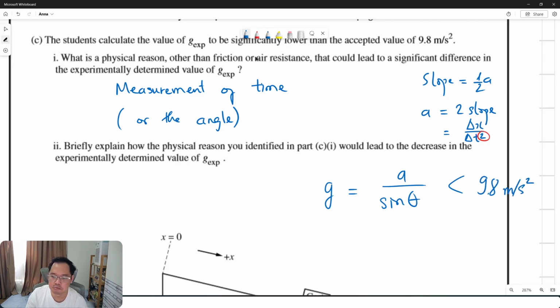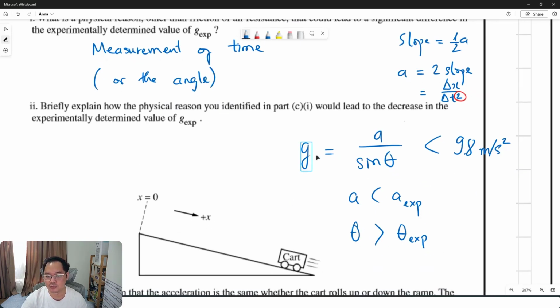It is smaller probably because of one of two reasons, or both. One is that this acceleration A is smaller than we expected, or the second is that the angle that you measure is greater than the expected angle, because sine here is an increasing function. So if you measure the angle greater than the expected value, the final calculation of g will be smaller than 9.8 meters per second squared.